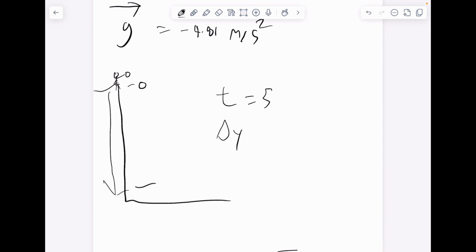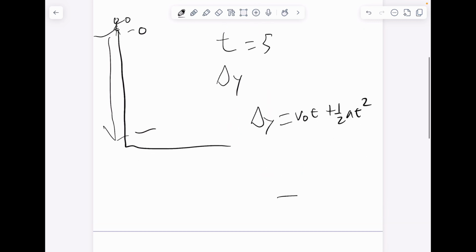So since we have the time, we are solving for a change in y, and we have the initial velocity of 0, we can use this formula, change in y, which is different from our change in x. I mean, it's the same formula, but we changed it because we're dealing with the vertical context here, into v0t plus 1 half at squared. Now, we know that this v0t term will be 0 because initial velocity is 0.